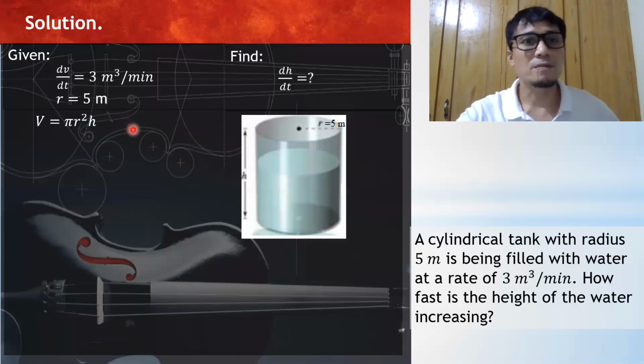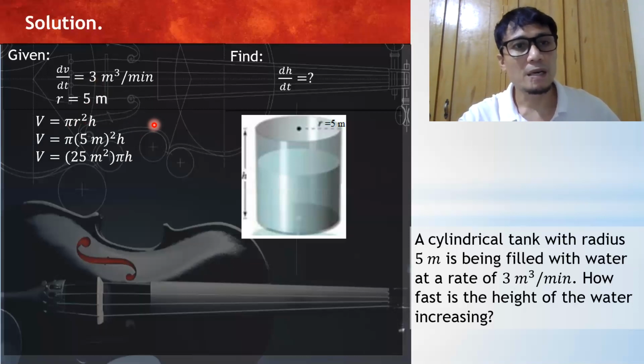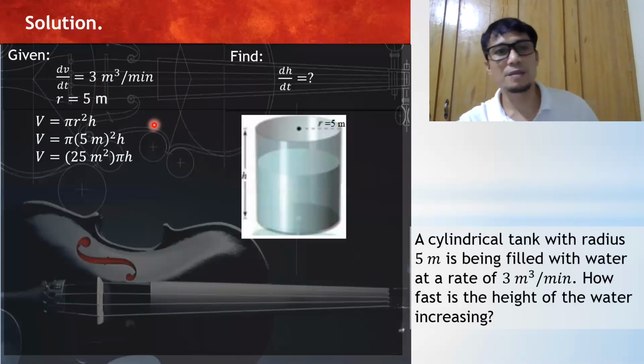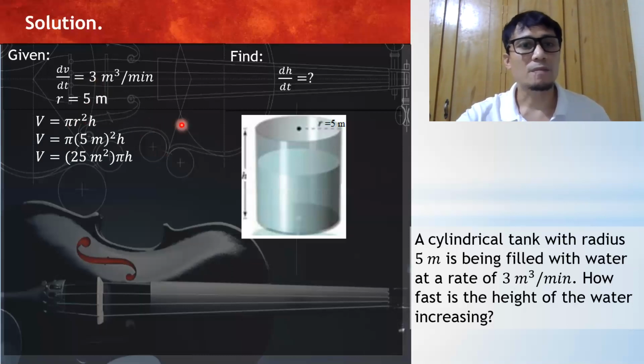With that, we obtain a working formula by substituting your R to the equation. Okay, so you have V equals pi times 5 meter quantity squared times height, which we can write as 25 meters squared or square meter times pi times height.